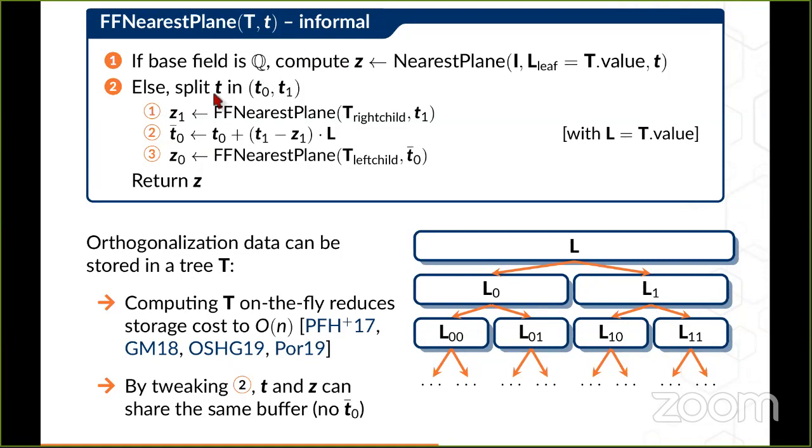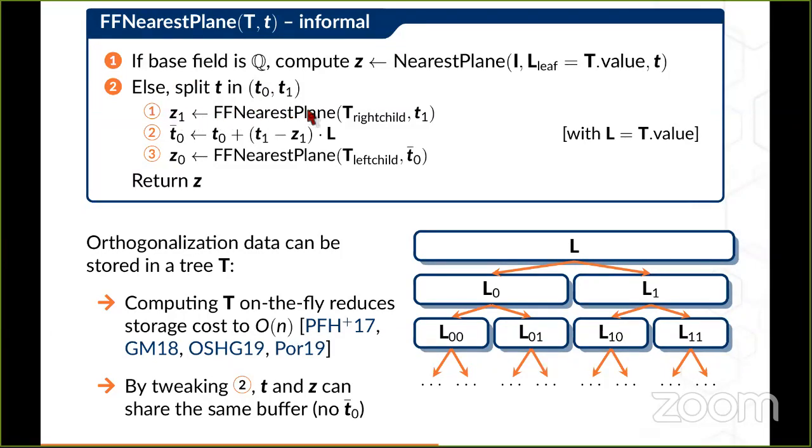Otherwise, your vector t, which you can also view as a polynomial, you will split it into T0 and T1. Because you've done this splitting in a way which allows you to consider T0 and T1 as elements of smaller rings, you can apply the algorithm recursively.